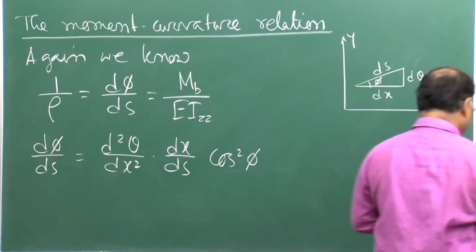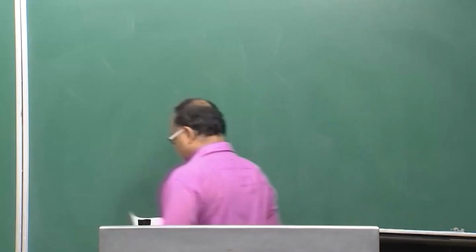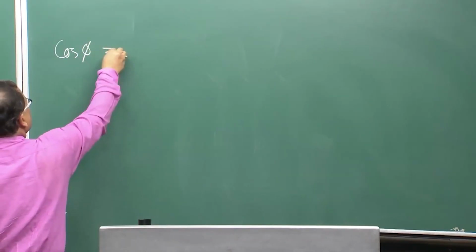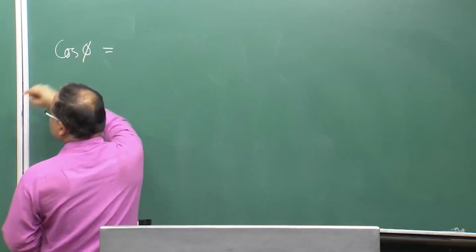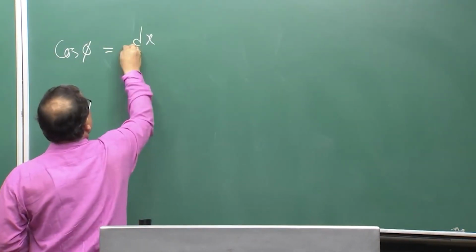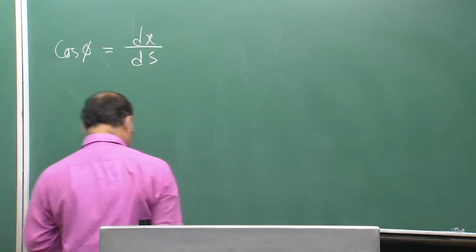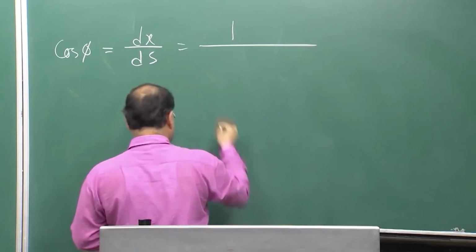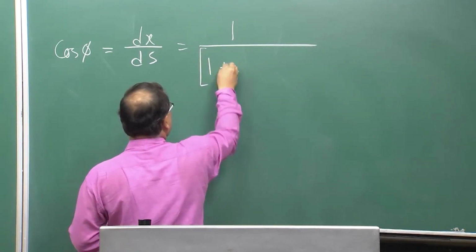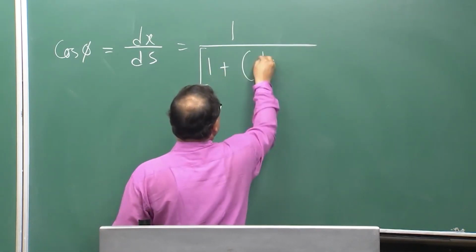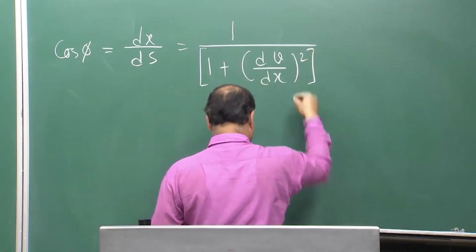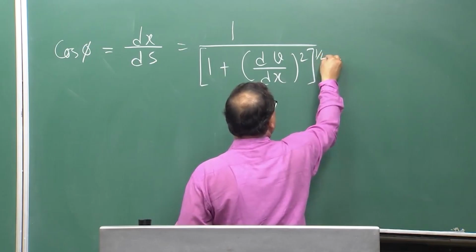In that figure, we can see cos phi is equal to dx by ds, which can be written as 1 by (1 plus (dV dx) whole square) to the power half.